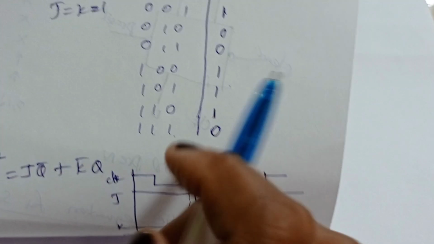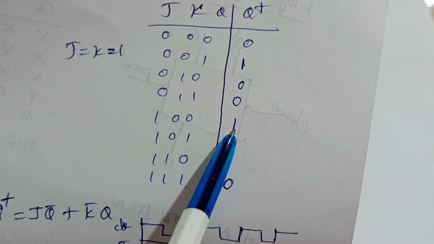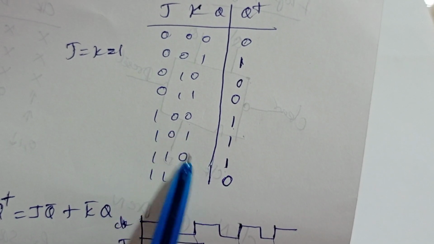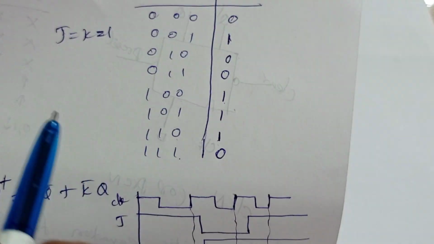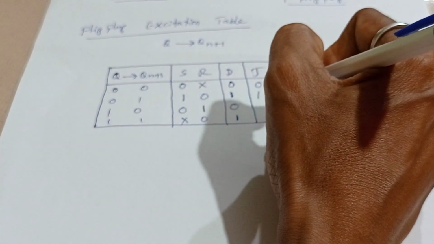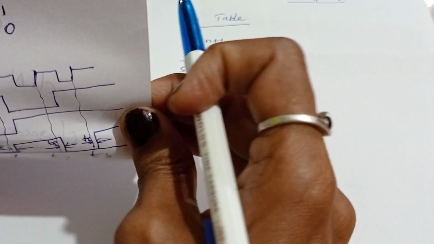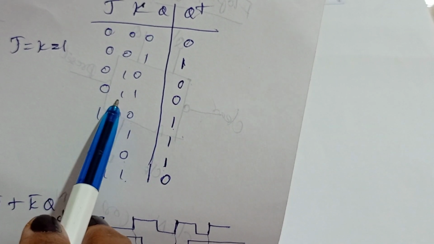Next for 0 1, 1 0, 1 1. That means 1 is constant, here it is don't care. Place 1 don't care. 1 don't care. Next for 1 0, 0 1, 1 0 1 1.